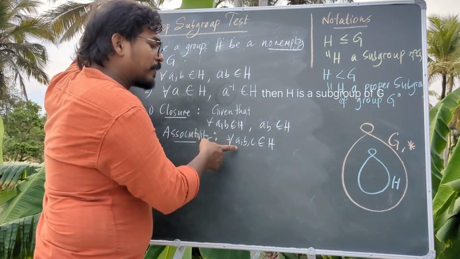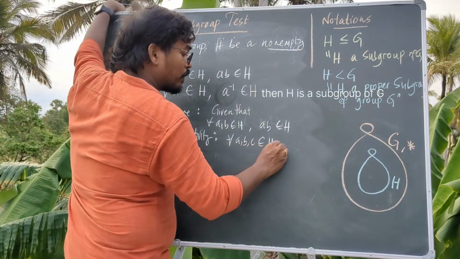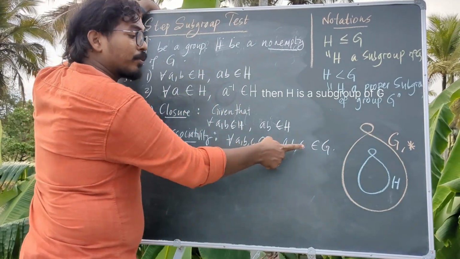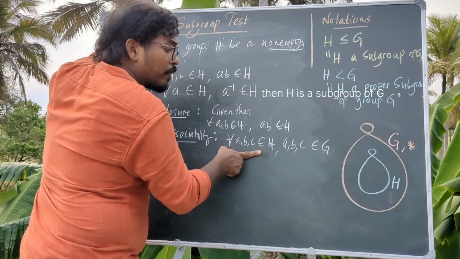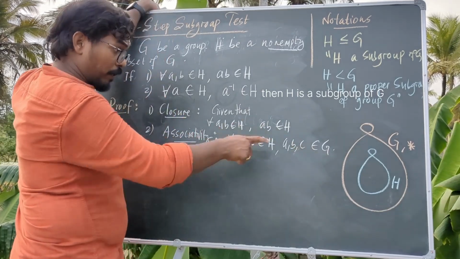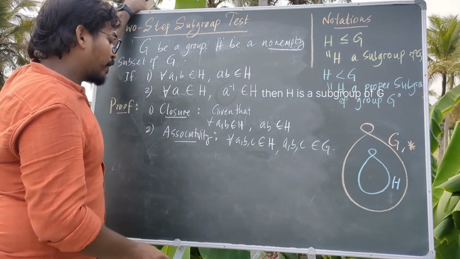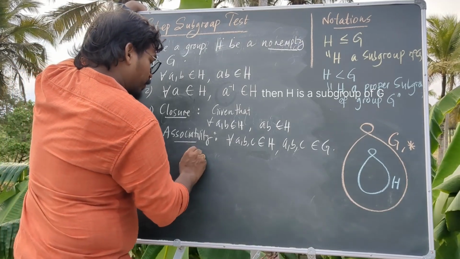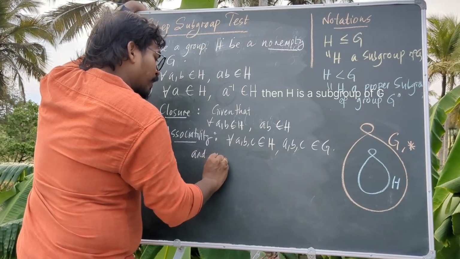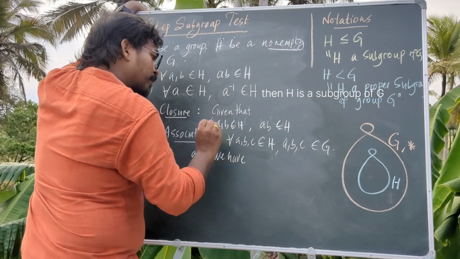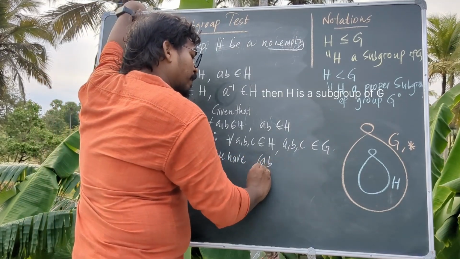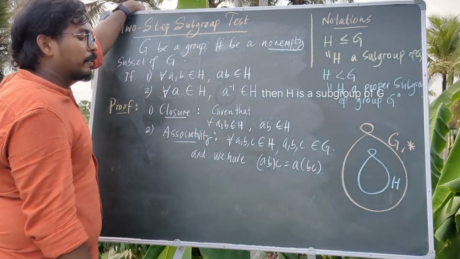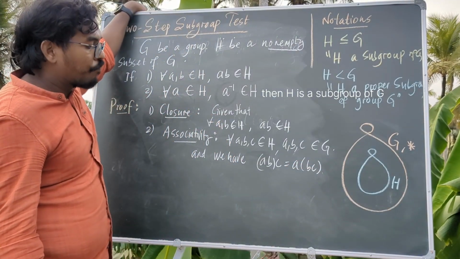subset H, these three elements also belong to our group G, because H is a subset of G and every element of H lies in the group G. And we have this, the property for associativity.